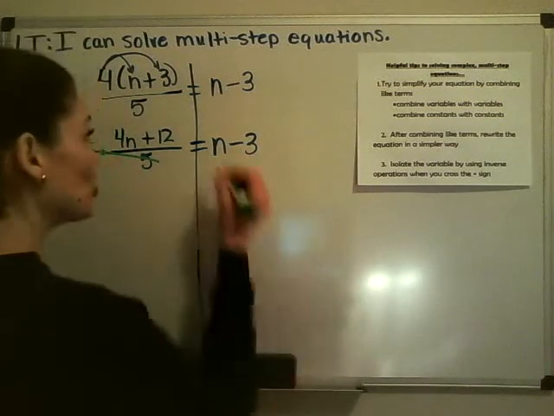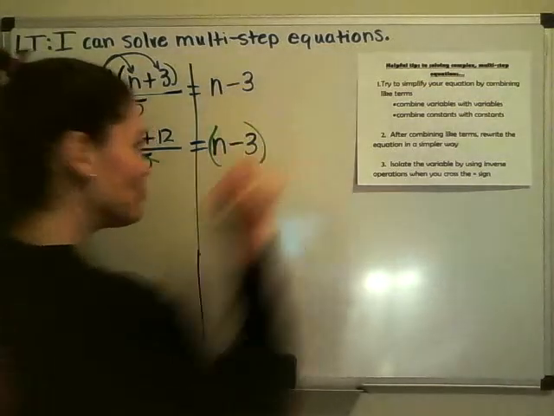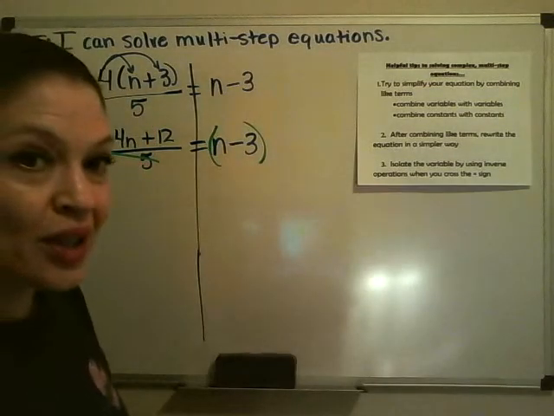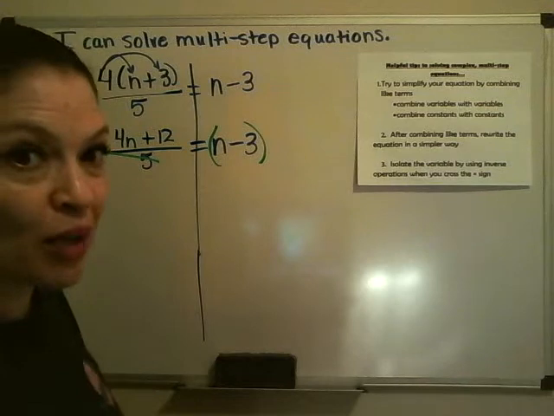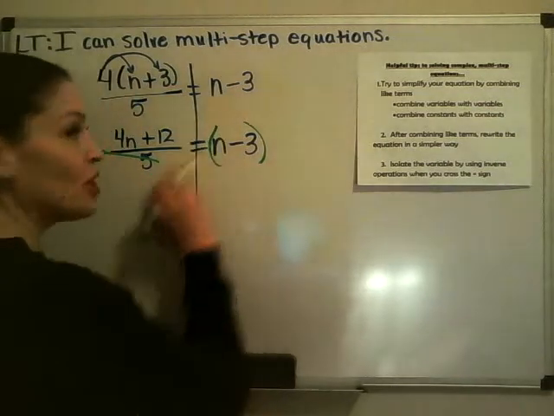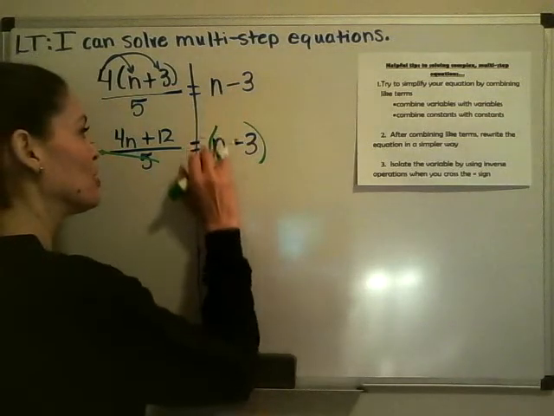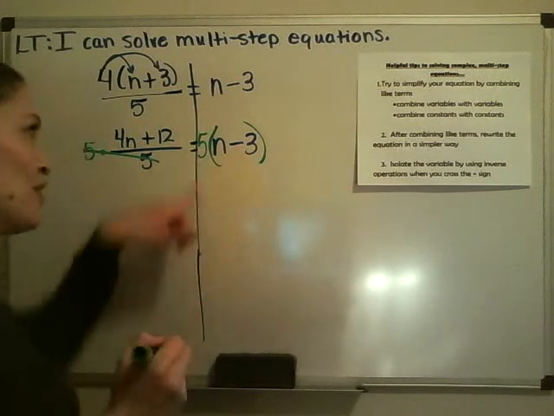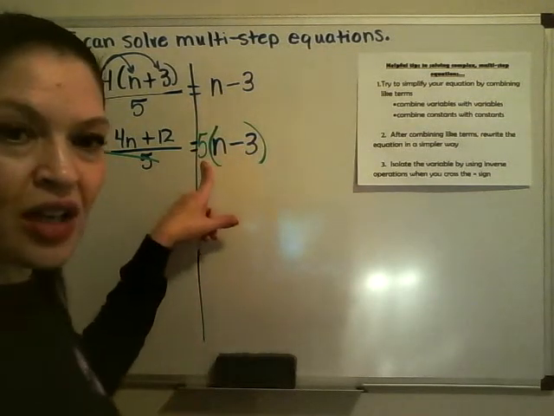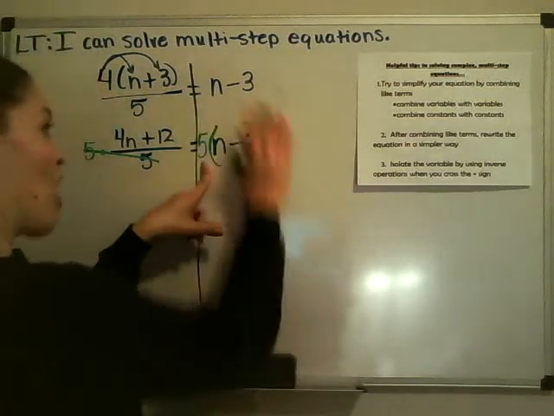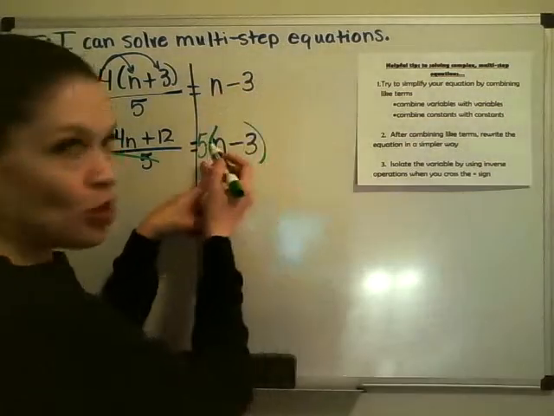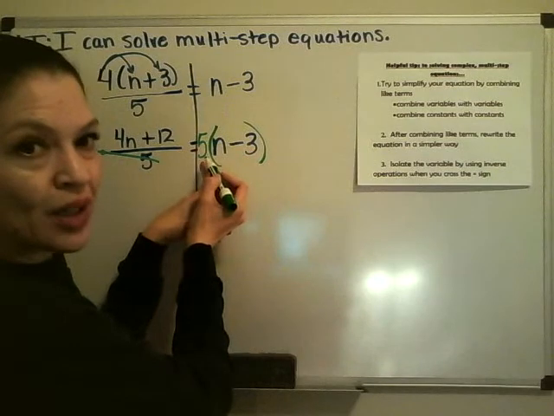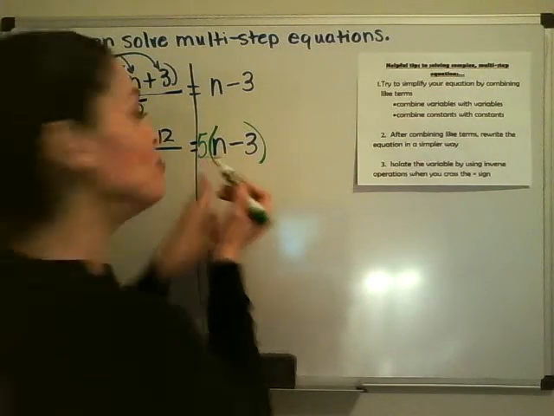Because we have to take this whole thing, and what do we have to do with it? Multiply by 5. I'm going to give myself a little room here because I'm going to take this 5, and if I put it as a distribution here, am I taking the entire right side and multiplying by 5 like I'm supposed to? Yeah, I am.